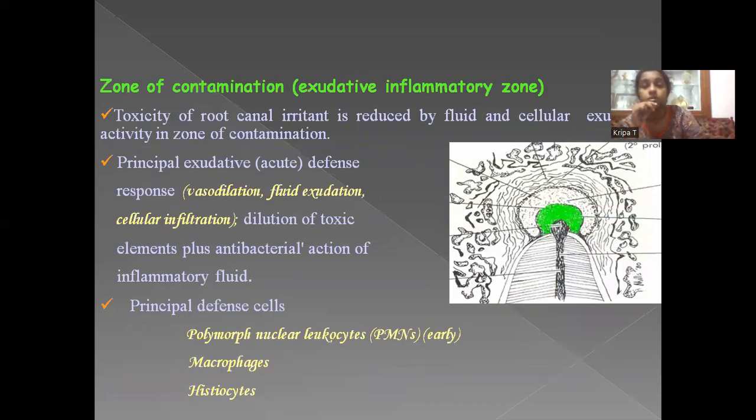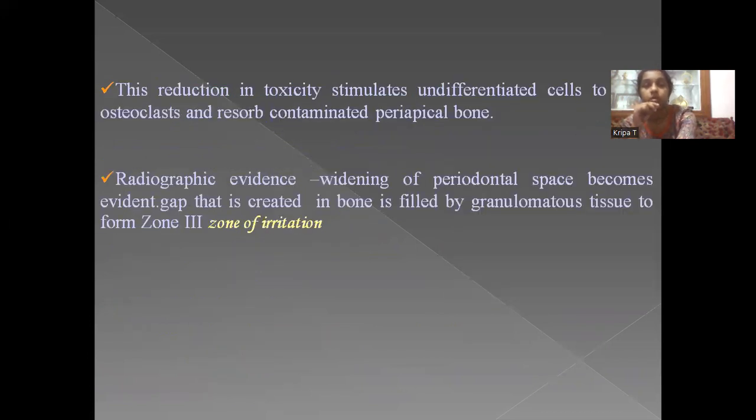The green one is the zone of contamination. The toxicity of the irritant is reduced by the fluid and cellular exudates. The principal exudative defense response is formed here, where dilution of toxic elements occurs. This reduction in toxicity will stimulate undifferentiated cells to become osteoclasts and resorb periapical bone.